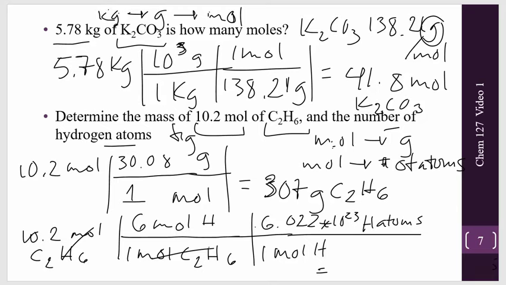So we end up getting, again with 3 sig figs, 3.69 times 10 to the 25th hydrogen atoms. Okay, so this is just converting between grams, moles, and then number of hydrogen atoms, the number of items per mole.